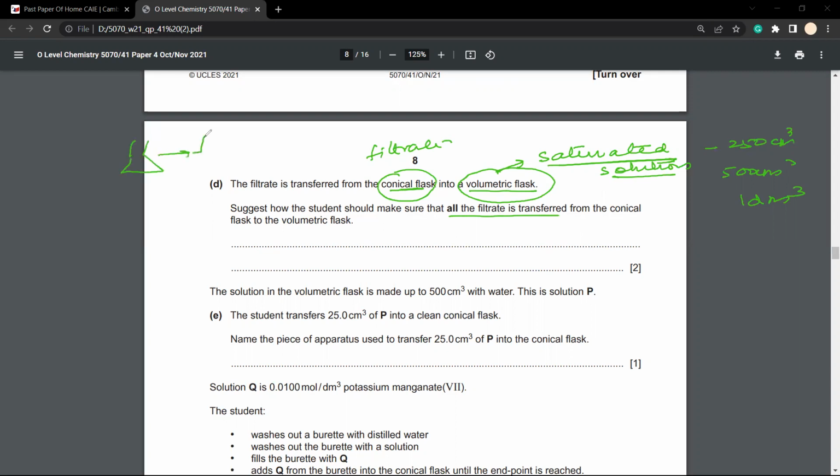So when you're transferring from a conical flask into the volumetric flask, my drawings are really bad. This is kind of a volumetric flask. I'll just write down into the volumetric flask. What I'll do is that I will wash the contents of the conical flask with water and then pour back and then add those washings into the volumetric flask.